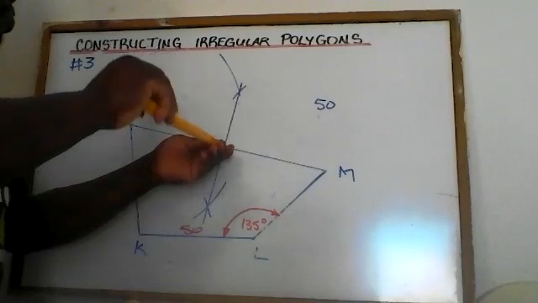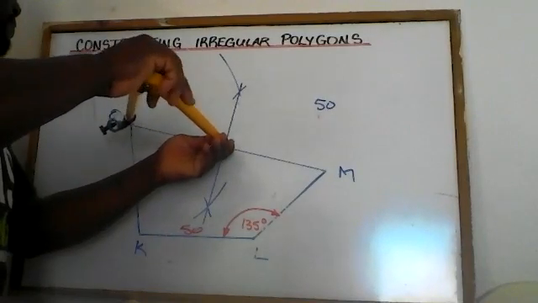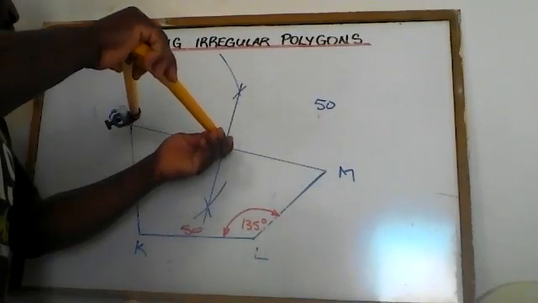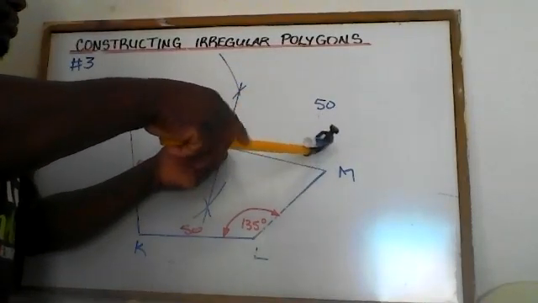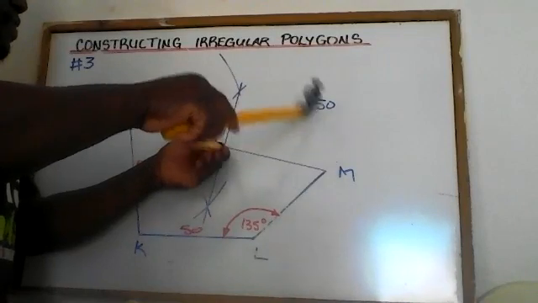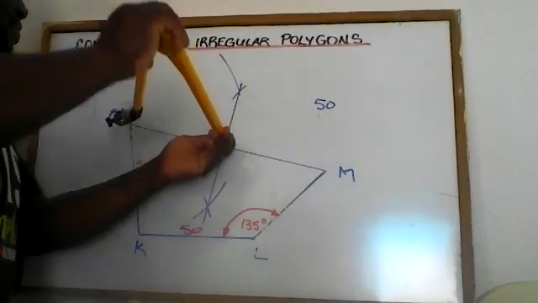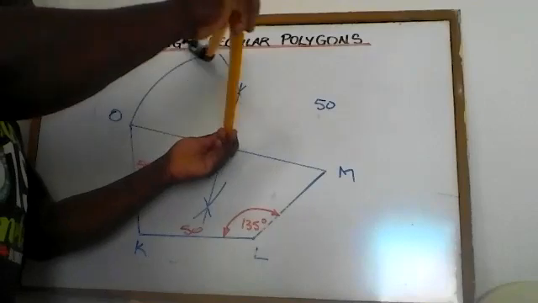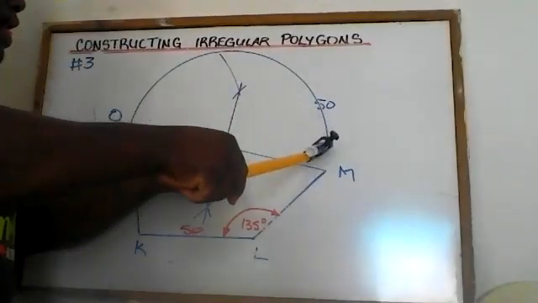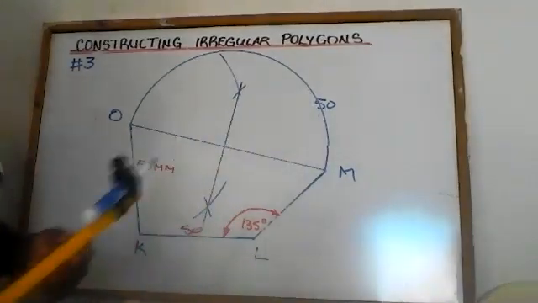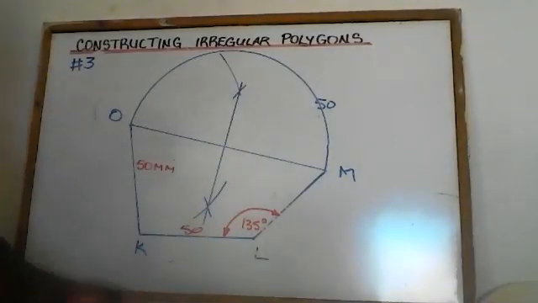Open to O, or M. Can be M or O, which should be the same because it is in the middle. And draw a semicircle. Here goes. There you go. We're almost done here.